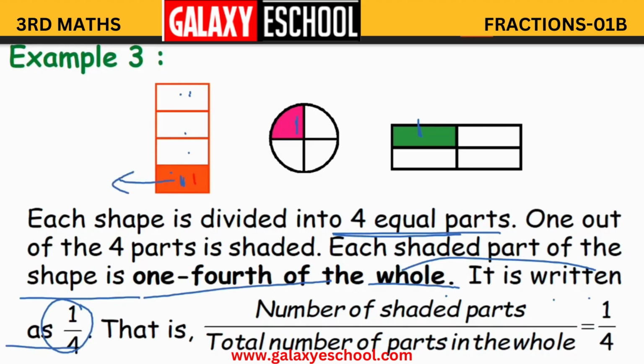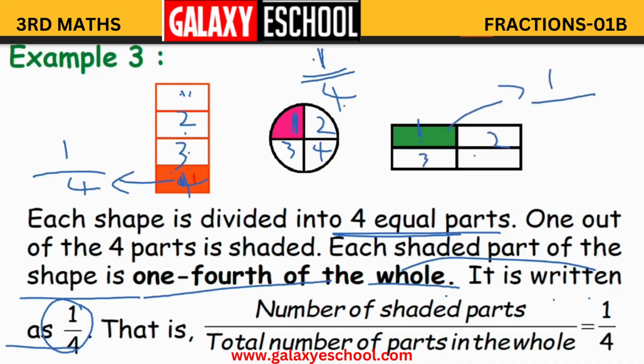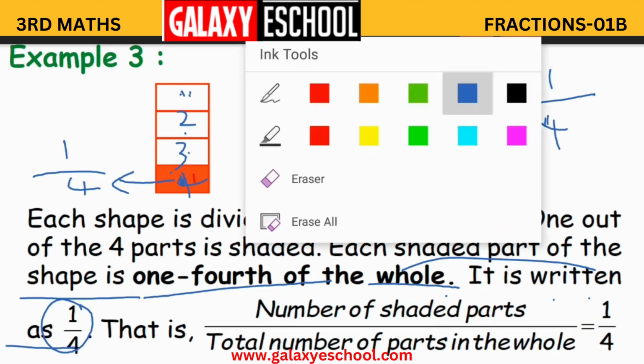That is, 1 is the number of shaded parts divided by 1, 2, 3, 4, the total number of parts in the whole. Again here we are having 4 parts and 1 is the shaded part. So 1 by 4. Even here 1 is the shaded part and we are having 4 parts. So 1 by 4 becomes our fraction for the given shaded part.